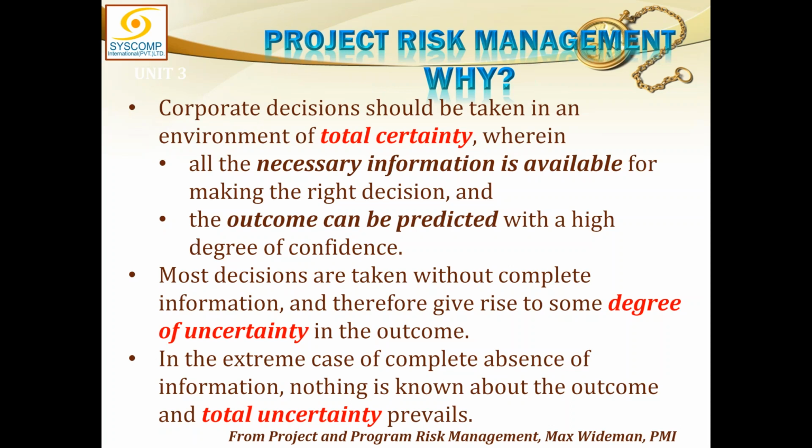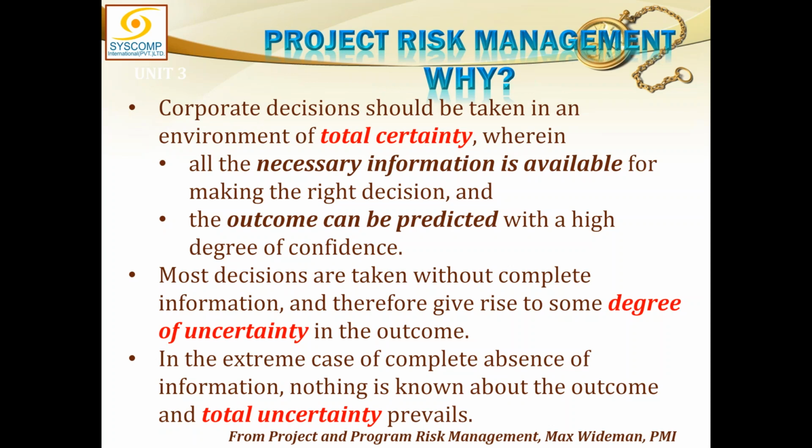And in the extreme case of complete absence of information, nothing is known about the outcome, and there is total uncertainty which prevails. So these are the three different situations where you have to make decisions: total certainty, good decisions, good predictions; some degree of uncertainty, where somehow you can make decisions, and to some extent you can predict the results also.